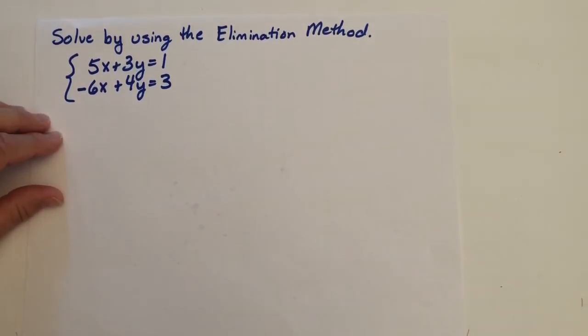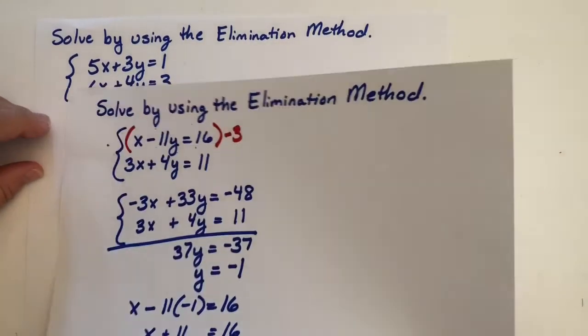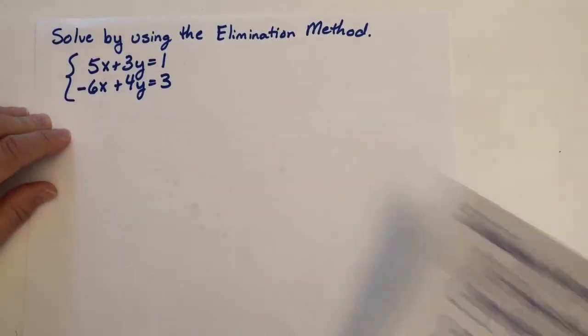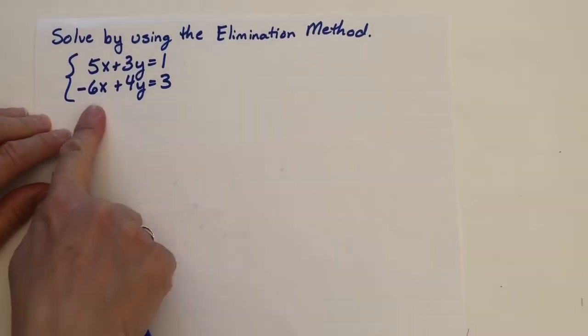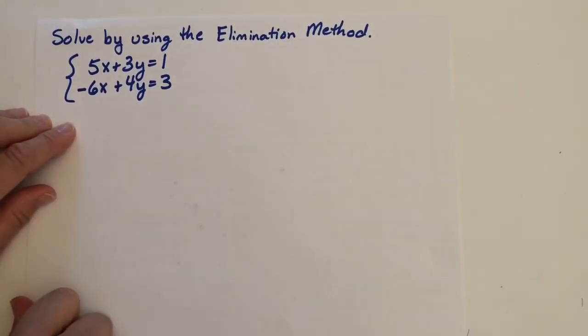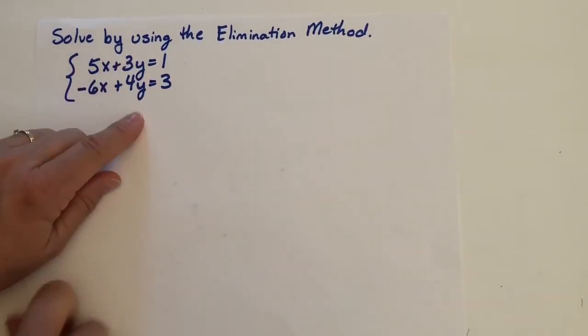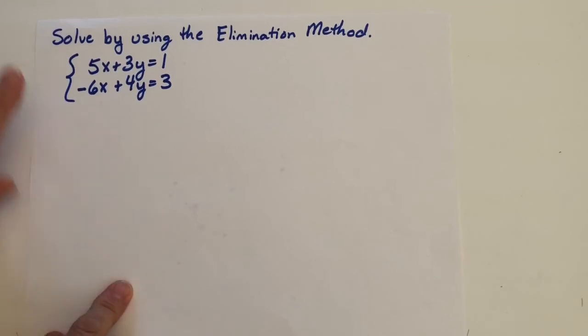On this previous example, it was a little bit more straightforward because I happened to have a coefficient that was 1. But that's not necessary, and often they come looking like this. But my goal is still the same. Decide whether you want to eliminate the x's or y's, and it's just a matter of personal preference. I'm going to eliminate the x's, and the only reason I'm choosing that is because they're already opposite in sign.